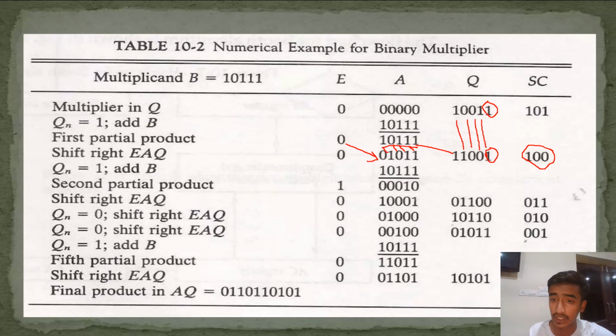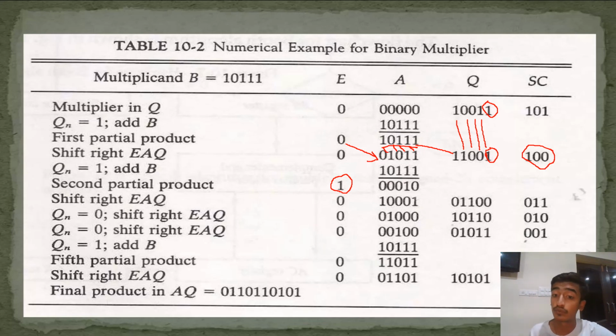And now we will have a carry, that is 1 here. The carry will go to E, correct? So we will get E equal to 1 and the addition 0 0 0 1 0, right?